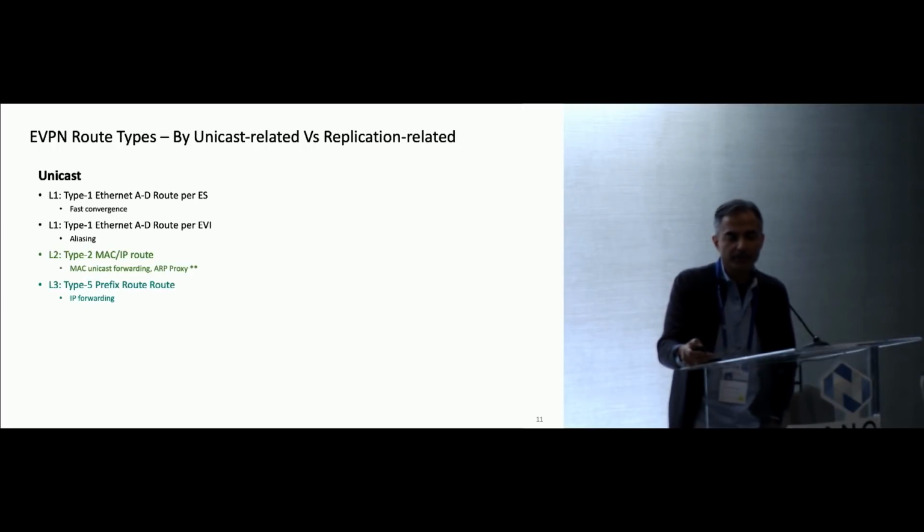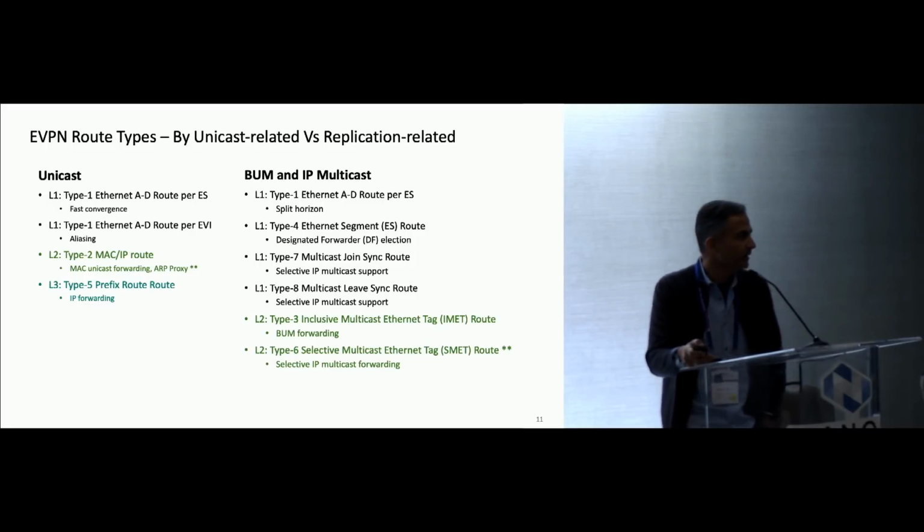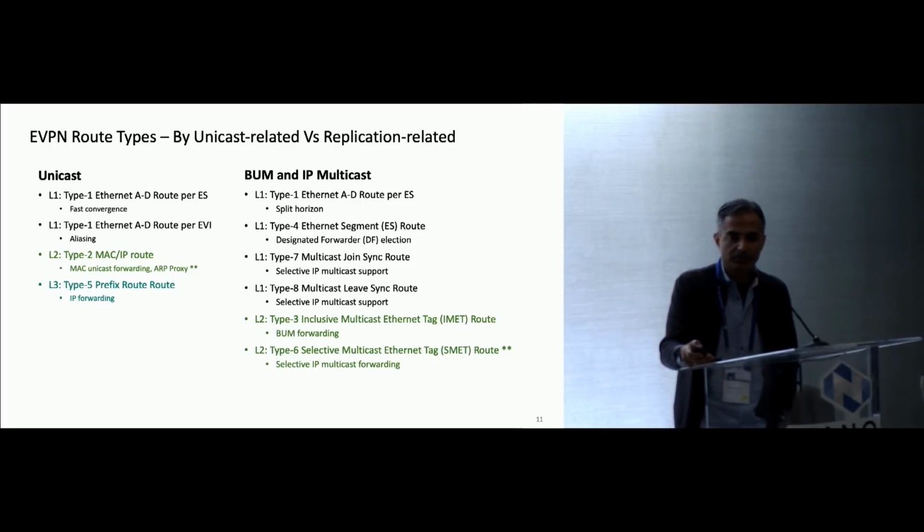Now, same route types looked at a different way. So there's 4 route types for unicast and 6 route types for replication, right? One thing that I want you to note is, if you don't need multi-homing, you don't need the multi-homing routes. If you don't need replication, you don't need the replication routes.